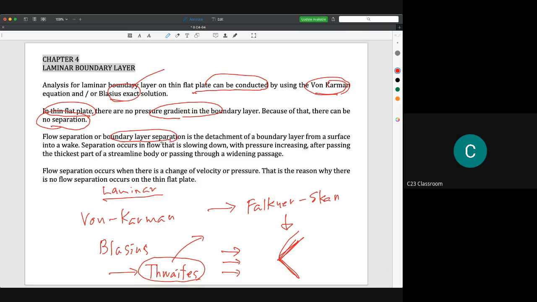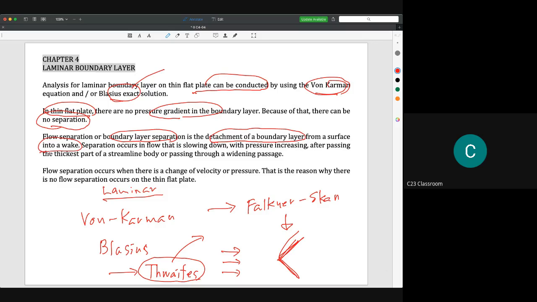Boundary layer separation is the detachment of a boundary layer from a surface into a wake. It means you start to have a very rough turbulence, or a circulation, a vortex, behind your object. Why does that happen? Because the boundary layer goes out and does not occur on the surface anymore.